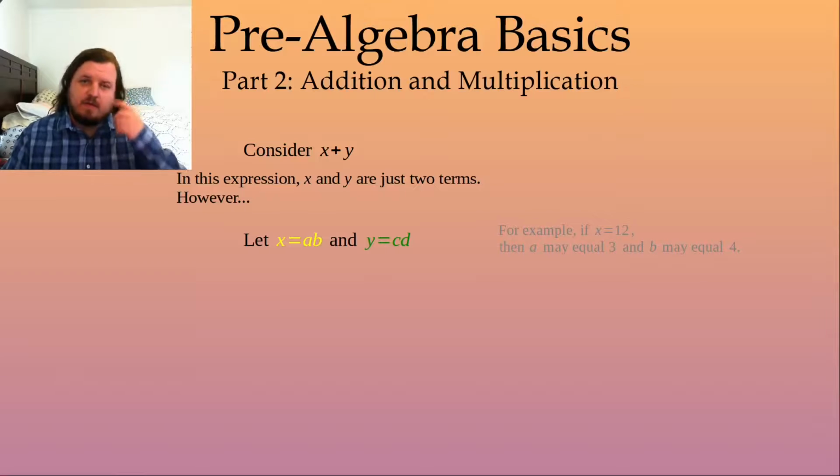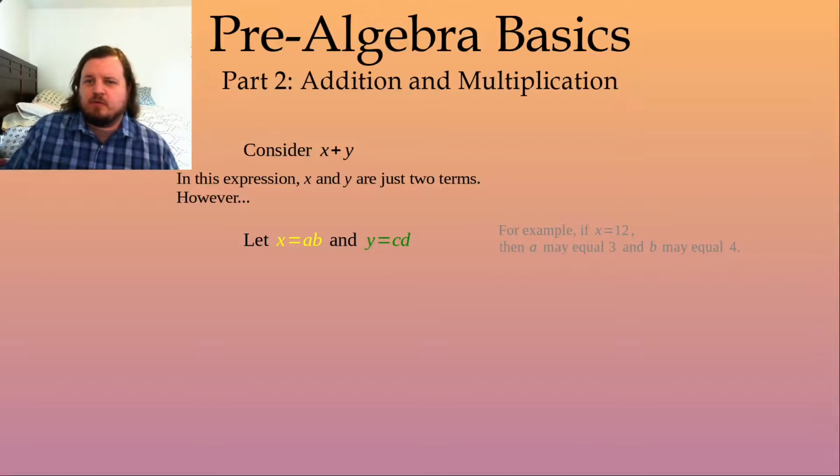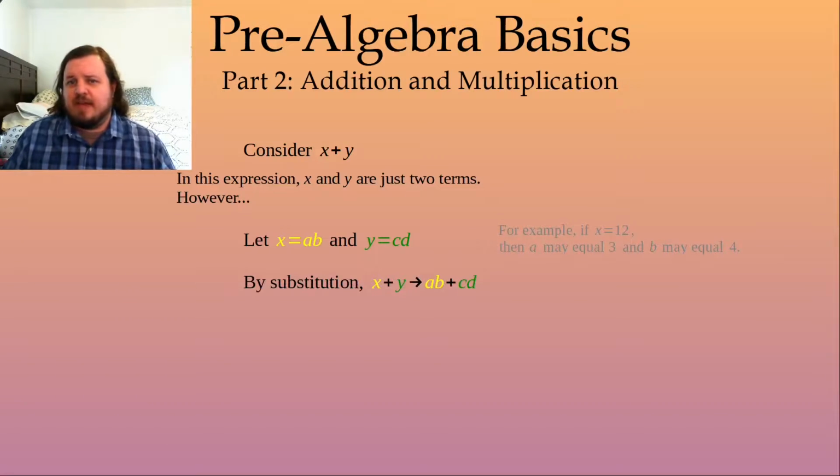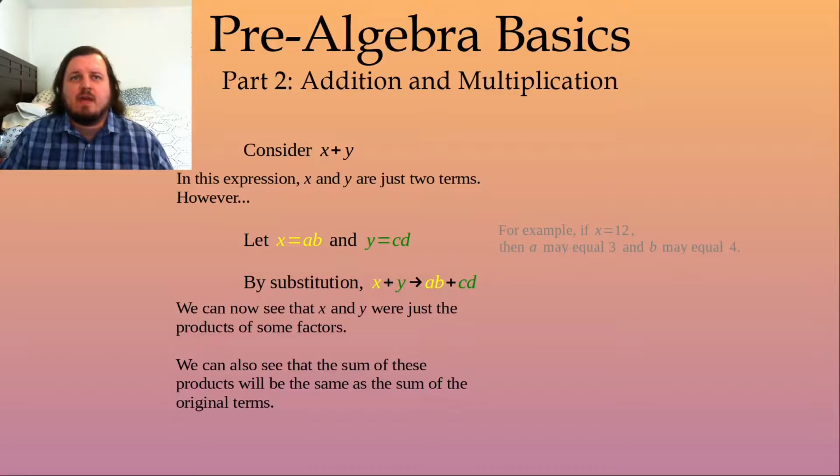Okay, so now we're going to use the substitution property to replace x with ab and replace y with cd. We can now see that x and y were just the products of some factors, and the sum of those products would have the same value as the sum of the original terms.